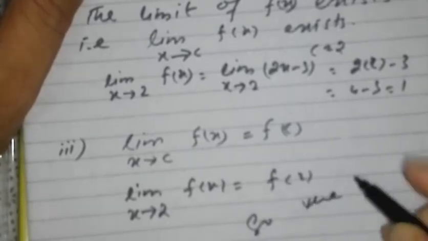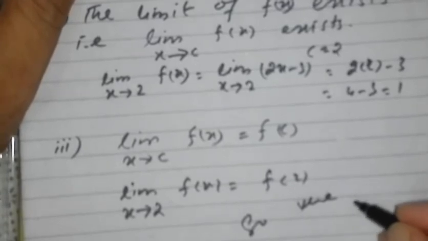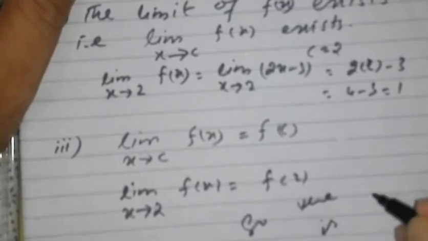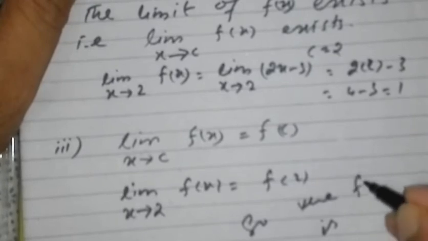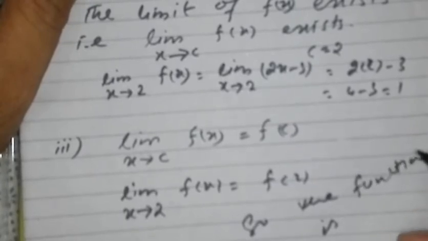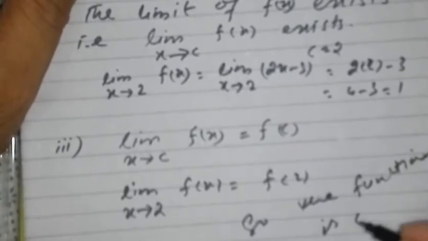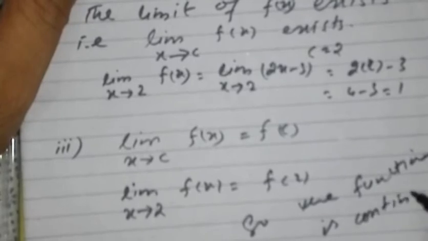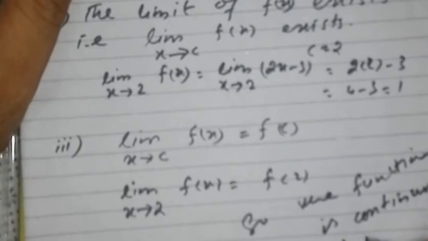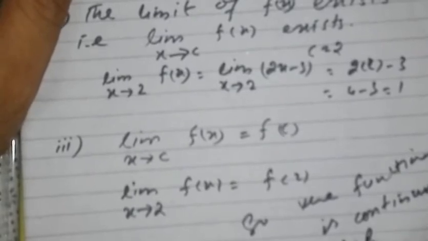So the given function is continuous for all c belonging to R.